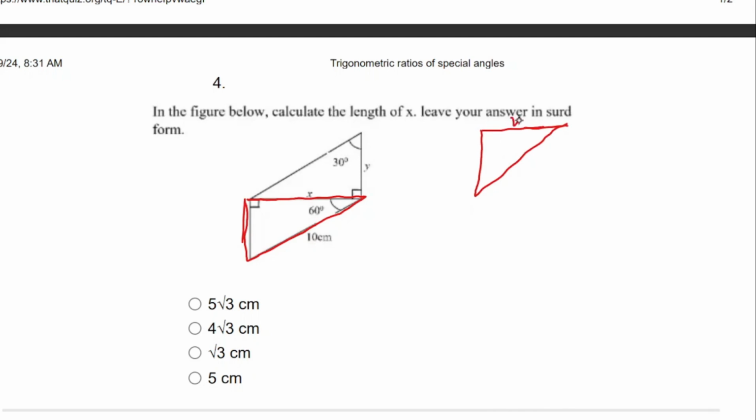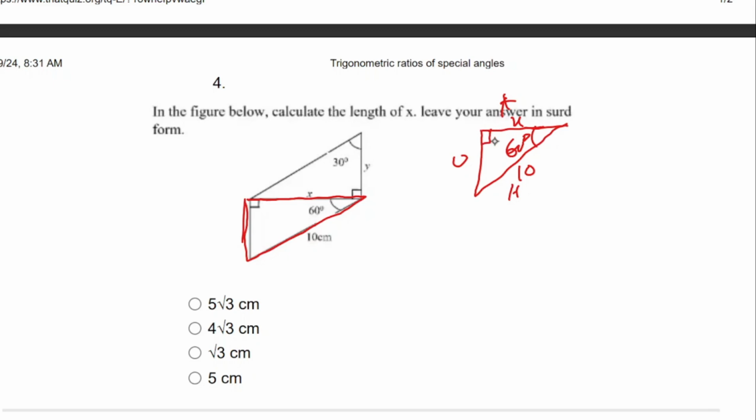So this is x here, this is 60, and this is 10. This is opposite, adjacent, hypotenuse. It is the adjacent we are looking for, and we have the hypotenuse.